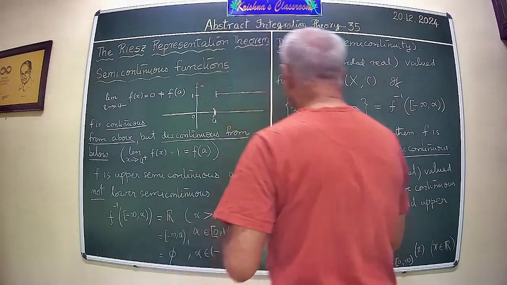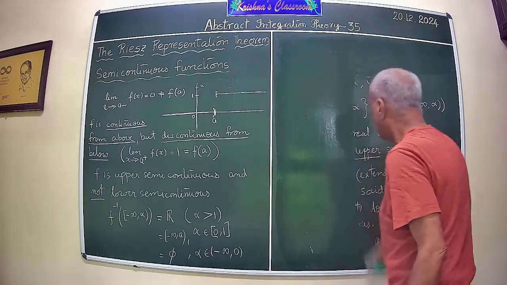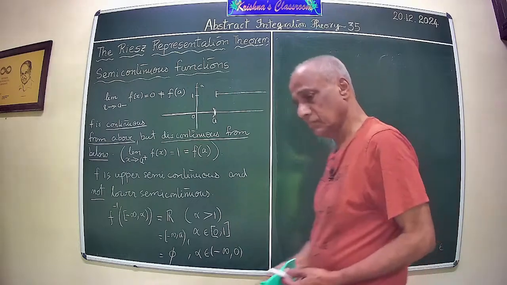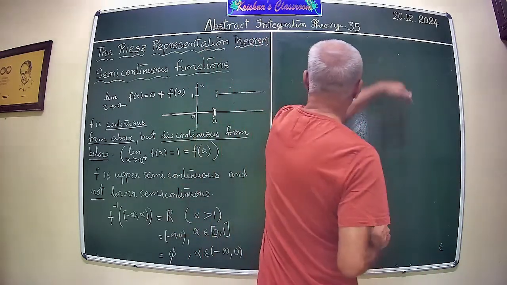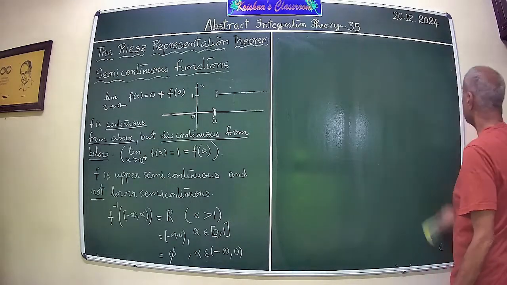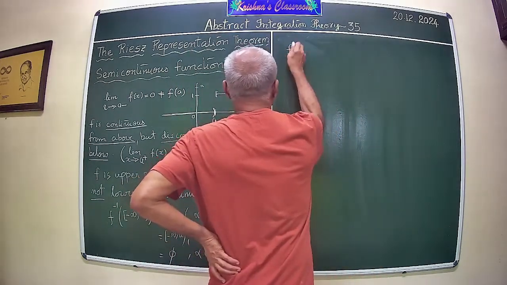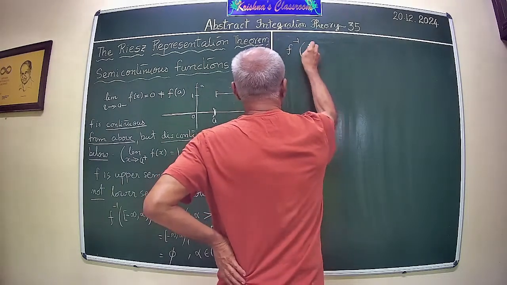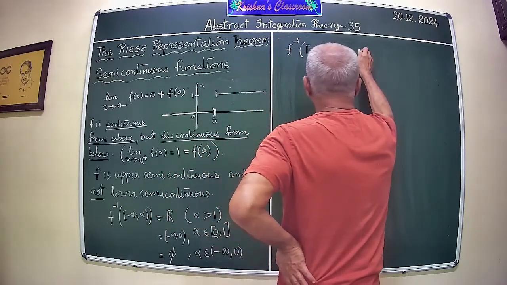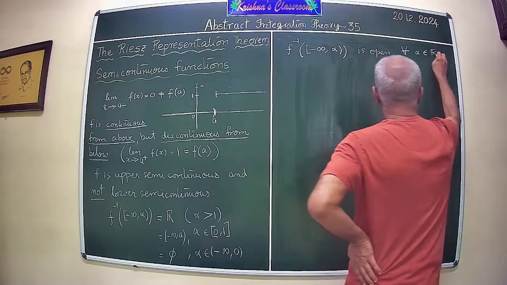So f inverse of (minus infinity, alpha) is open. What is the consequence?